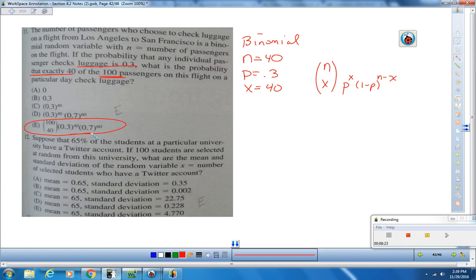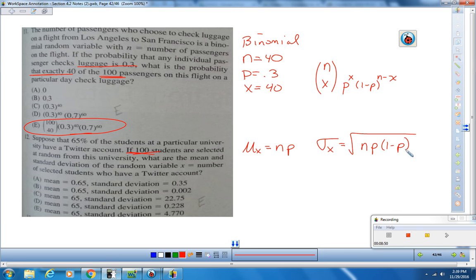Okay, 100 students are selected at random with a mean and standard deviation of random variable x. So again, this is binomial, fixed number of trials, success or failure. You either have it or you don't. Let's assume they're independent. So the mean of the binomial is n times p, and the standard deviation is the square root of n times p times 1 minus p.